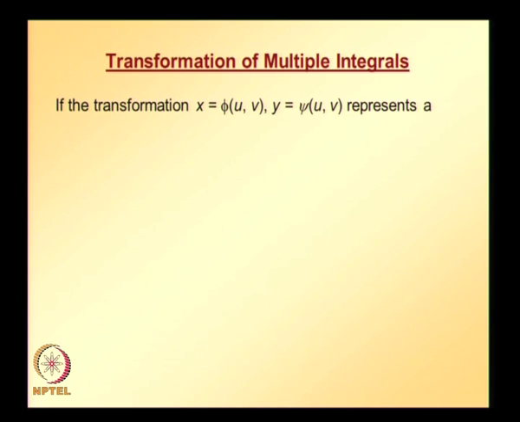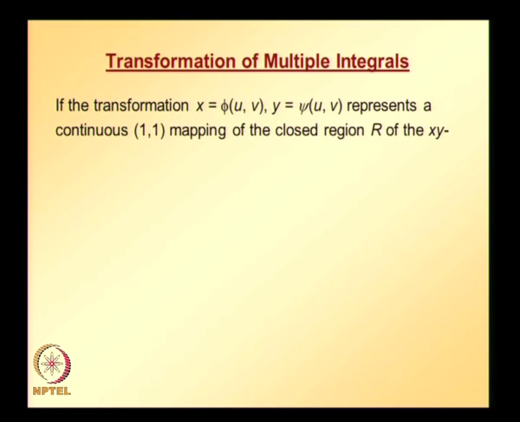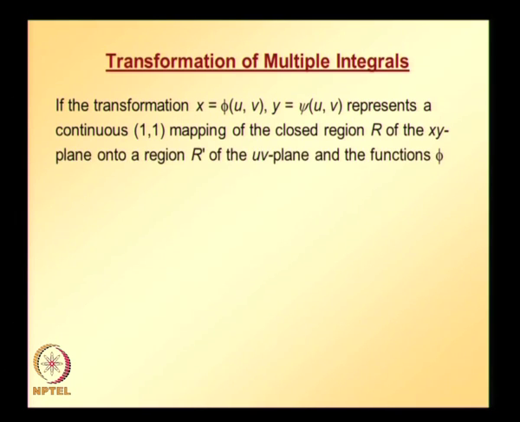If the transformation from x, y space to u, v space is like this, x equal to phi as a function of u and v, and y equal to psi as a function of u and v, represents a continuous one-to-one mapping of a closed region R of the x-y plane into the region R prime of the u-v plane, and the functions phi and psi have continuous first derivatives.